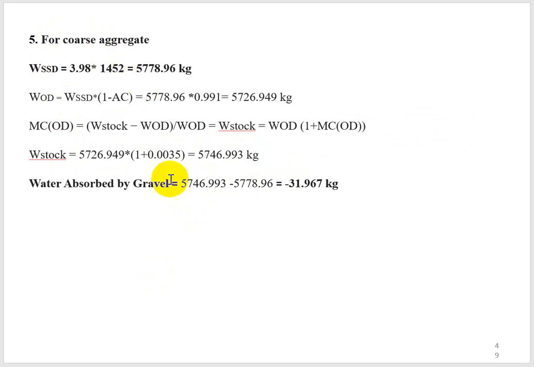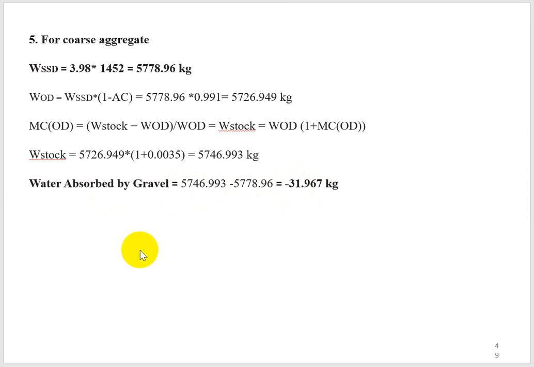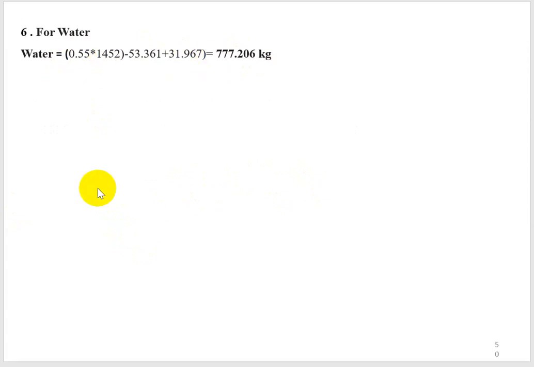Similarly, for the coarse aggregate, we follow the same calculations we have learned in lecture number 2 and in the homework as well, and subtracting the stock from the SSD, and we get minus 31. In that case, the gravel will absorb water, so we need to add this 31. So we do all this calculation concerning the water, and that's it.